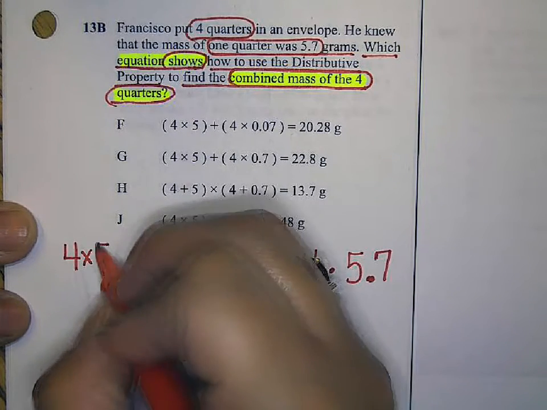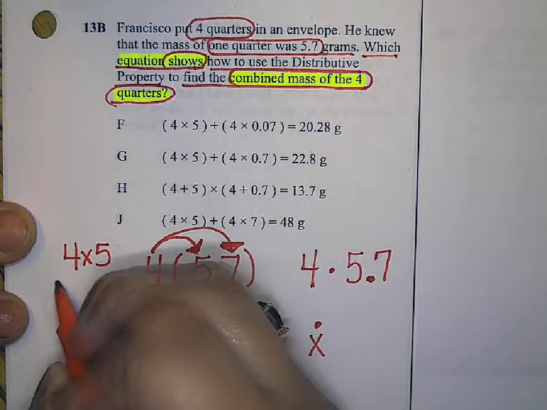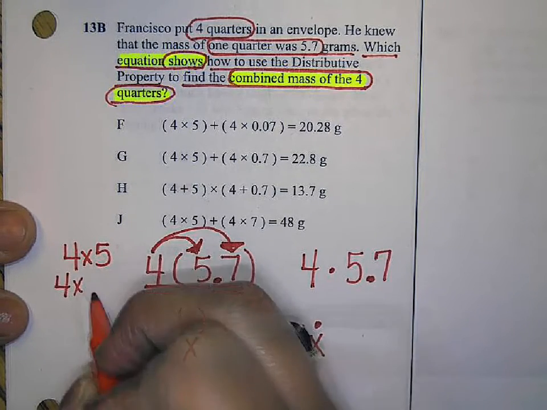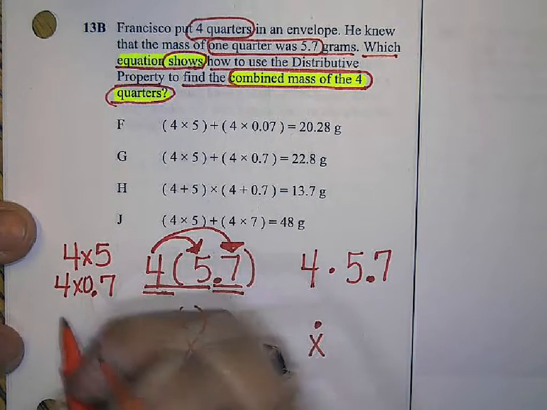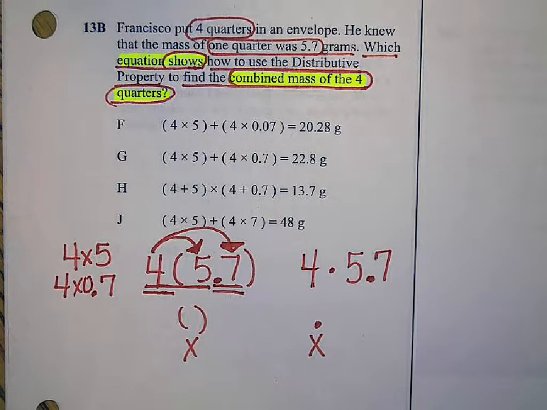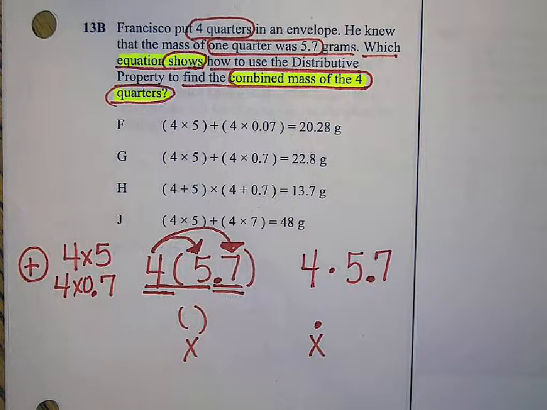So right here on the side, I want you to write the steps in order. First we do the 4 times 5, and then we do the 4 times 0.7. Once you get those, you add them up. See if you can get the correct answer.